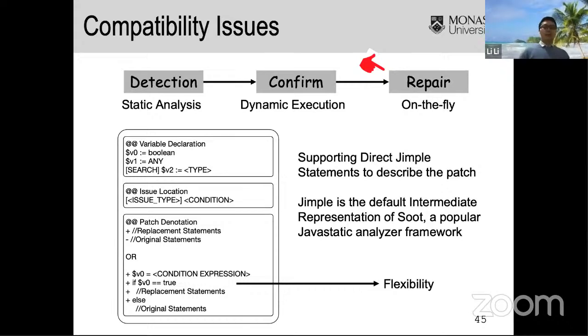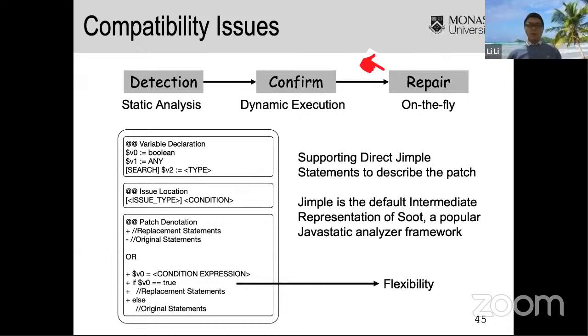Because we allow users to use the whole functionality of Jimple to freely write their patches, we believe our templates are really generic and flexible, and can be used to represent almost all types of fixes for compatibility issues. I mean, not even just compatibility issues, but also other types of issues. We haven't explored that, but we believe it could also be applicable. We will open source our Repair Droid tool very soon.